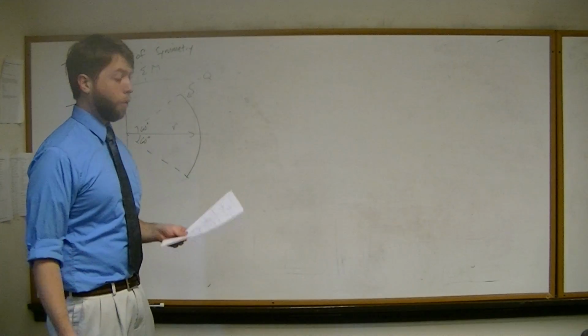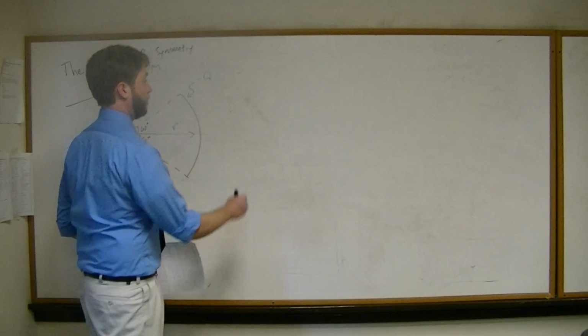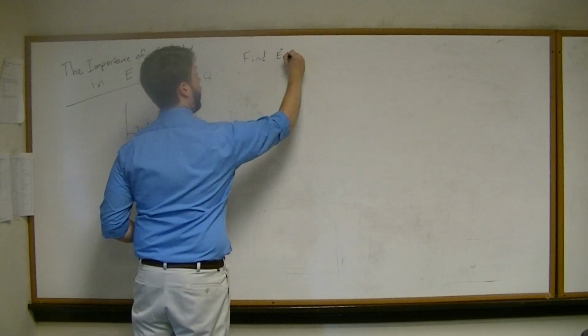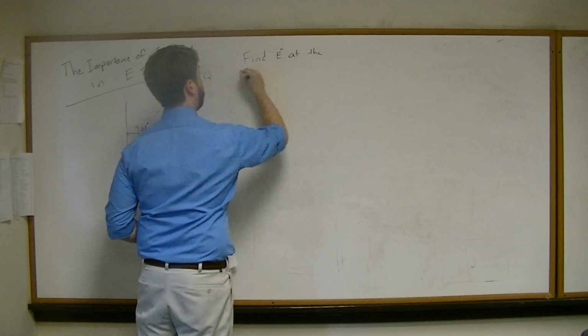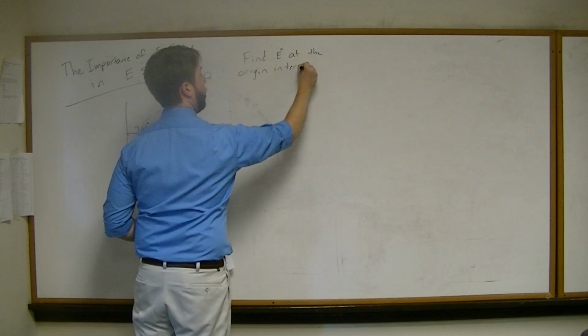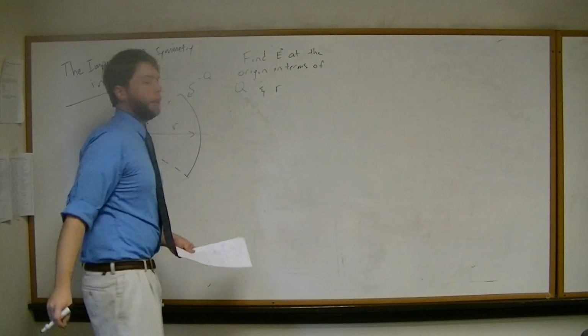Now the key here is we want to find the total electric field at the origin in terms of Q and R. So find E at the origin in terms of Q and R.